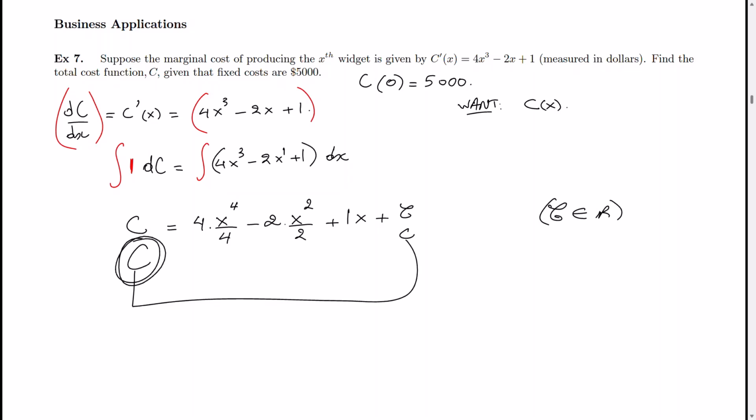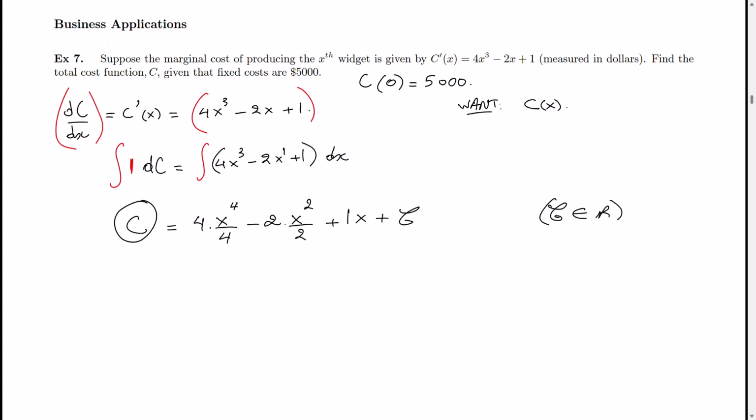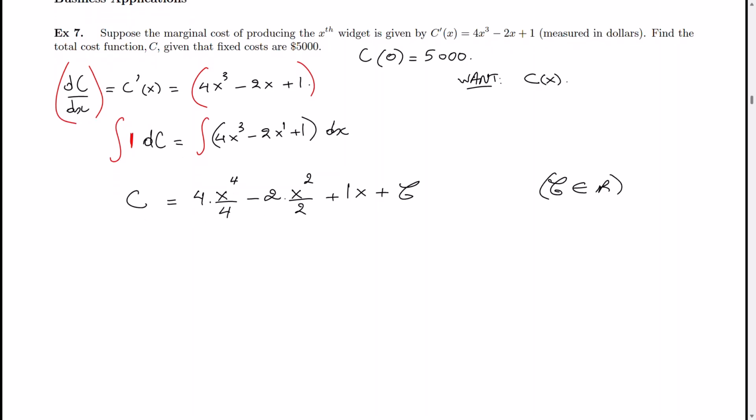I want this one to refer to the cost function, and I want this one to refer to the constant of integration. That's why I'm making it look kind of funny, so I can tell that this c is the constant of integration, whereas the first one is the function. Now, let's emphasize that it's a function by putting the little x.